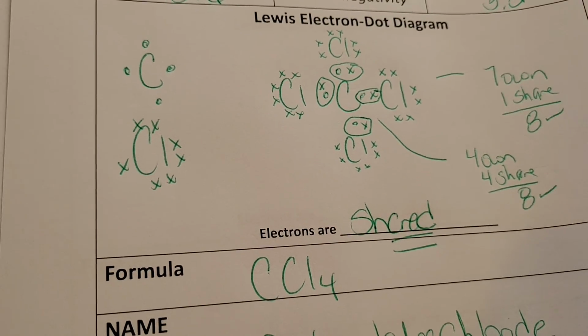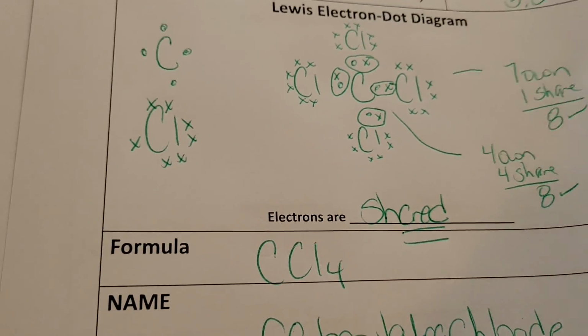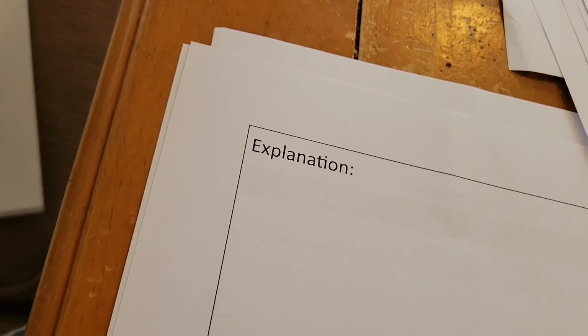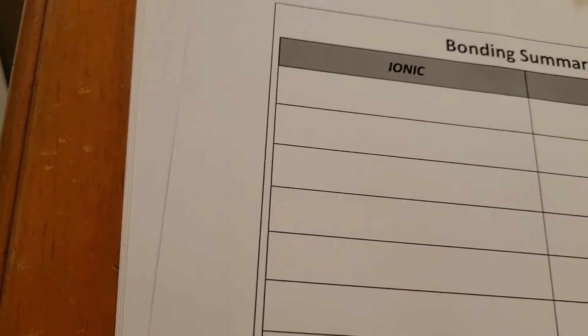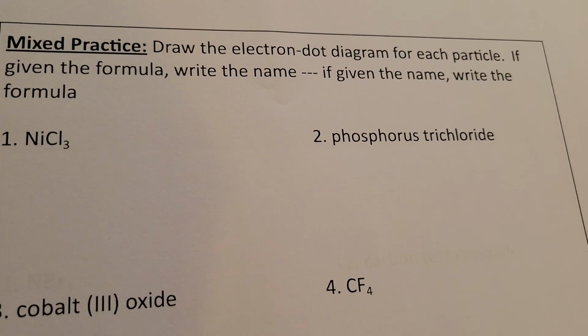Okay. All right, so what I would like for you guys to do now for practice and to finish up for homework if you need, is you're going to turn over to page 11. So this page that has the mixed practice.